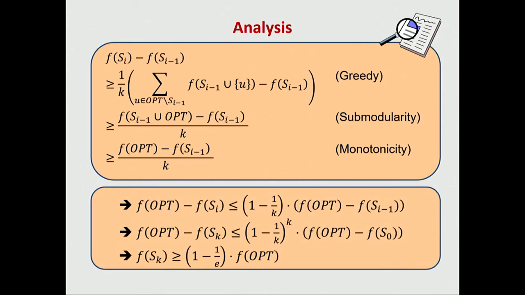So from now on, we only need to rewrite this inequality. And if we rewrite it, we see that the gap between opt and our current solution Si is decreasing by a factor of 1 minus 1 over k with respect to the previous iteration.